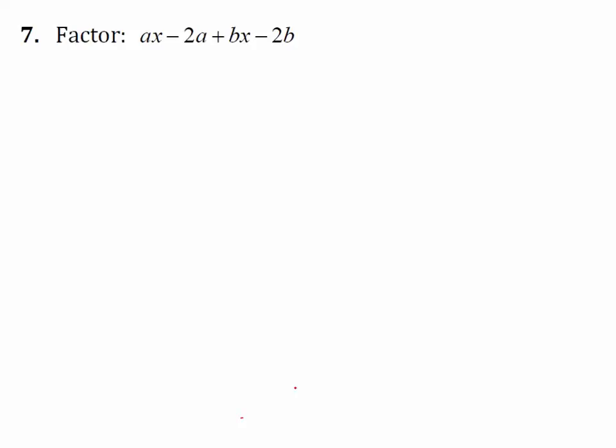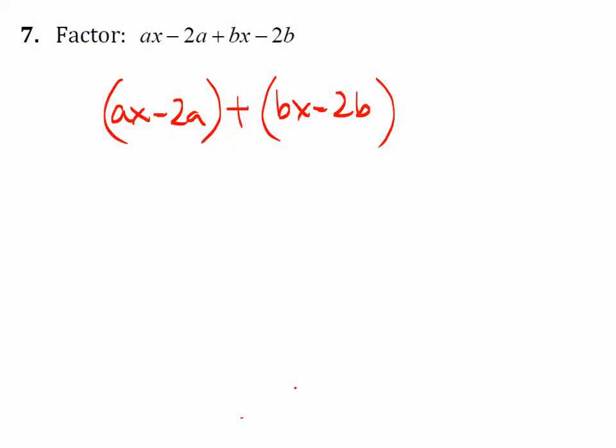So number 1, is there a greatest common factor? No. Okay, number 2, not 2 terms, not 3 terms, 4 terms. Cool. Something called grouping method. You got it. AX minus 2A in the first term. Remember, grouping method always has a plus between the 2 parentheses. Always works that way. Yep, perfect. Okay, and then we go from there.